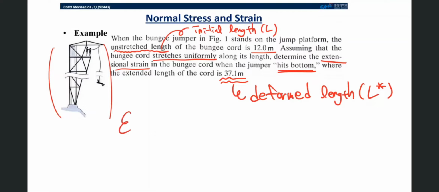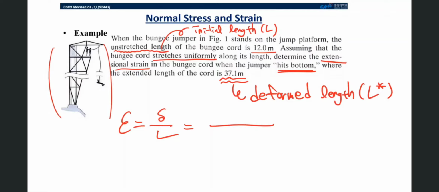So using the fundamental strain equation, epsilon is equal to what? Delta over L, right? We just defined it. And in this case, we can define the delta. The deformed length indicates the total length of the deformed structure.